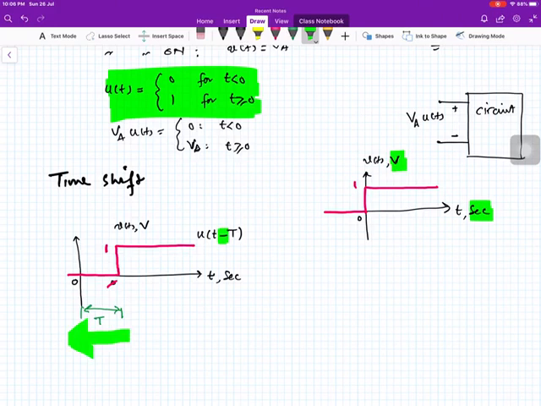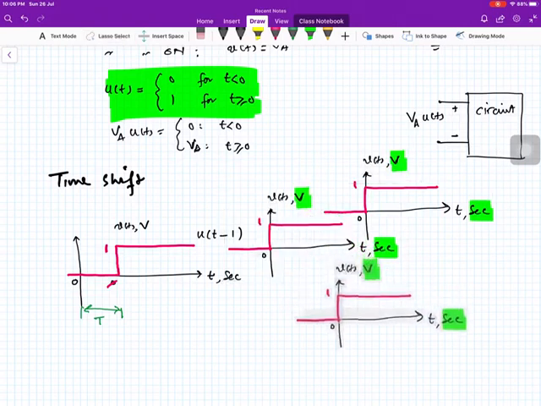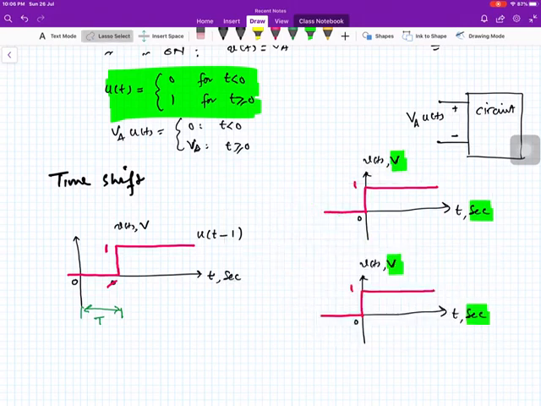This is very important, and I'll show you a few more examples of this. If I have this unit step function here, and I shift the origin to the positive side, say over here.